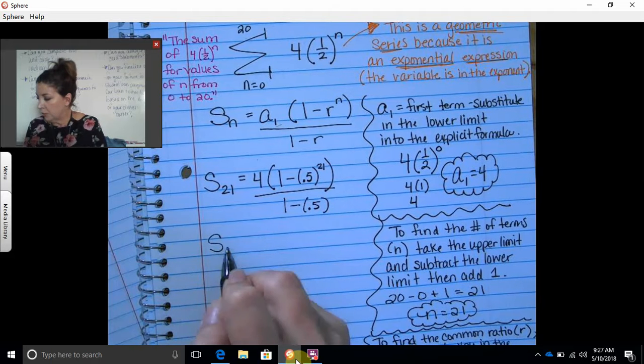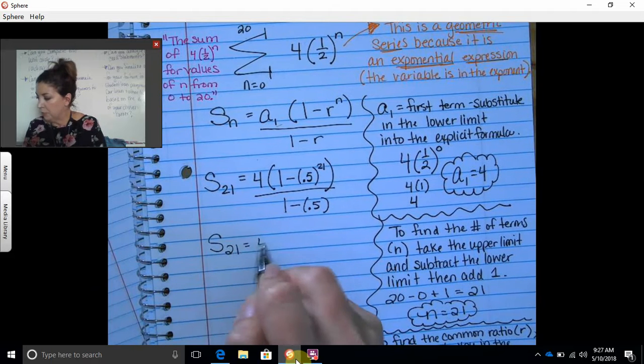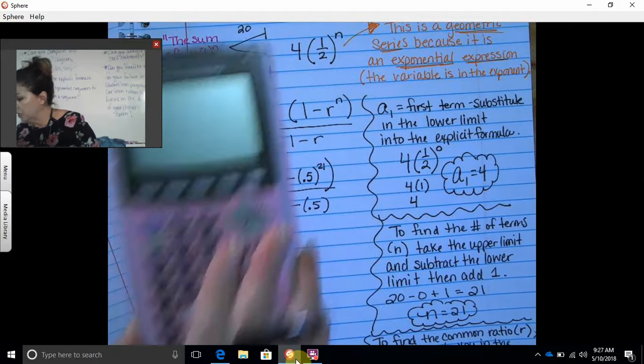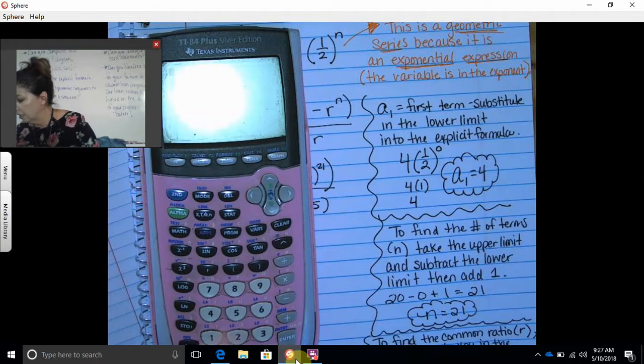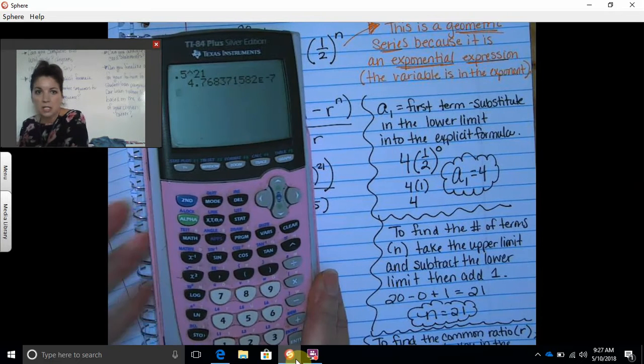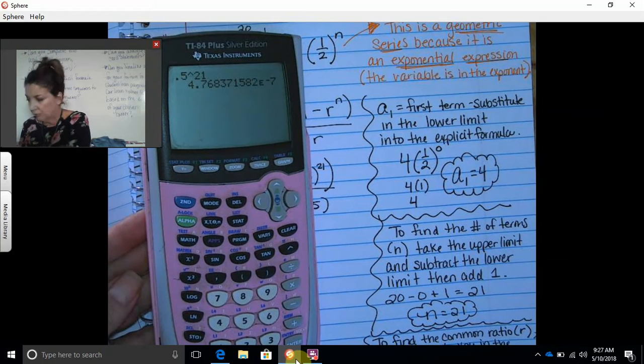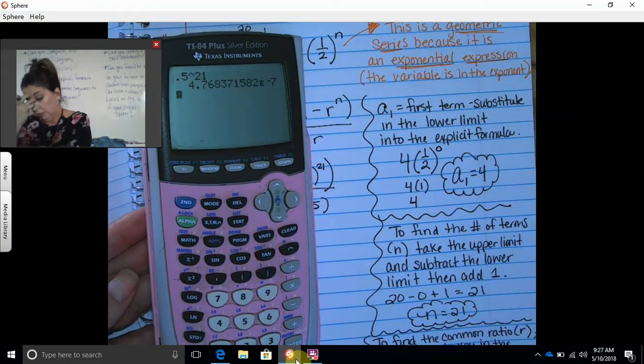So, sum of 21 terms equals 4 open parentheses. I'm going to figure out what 1/2 raised to the 21st power is. 0.5 raised up, not divided by, to the 21st power. Okay, do y'all know what that means when you see that on your calculator?